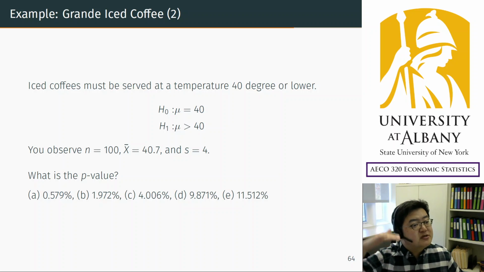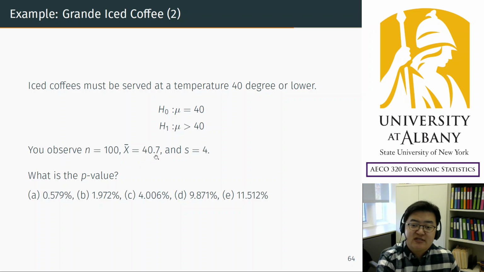But the problem happens if it's not cold enough. So you observe 100 random coffees, and their average temperature was 40.7 degrees, slightly above the standard. And the standard deviation across coffees was 4.